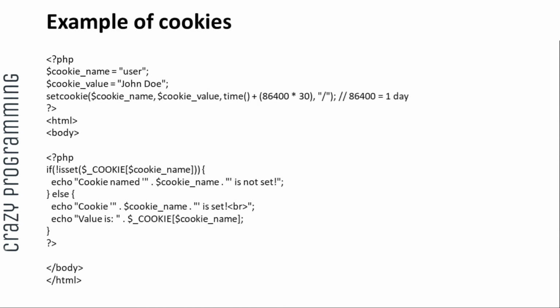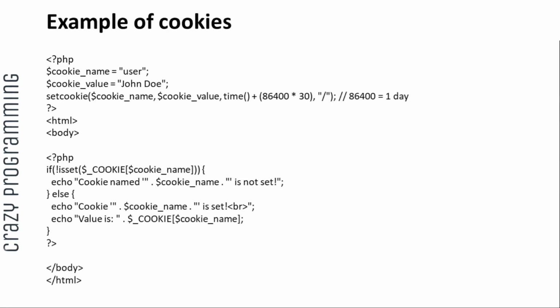Now we will check the example of cookies. This is the example of cookies. Cookie name and cookie value are two variables. Inside name there is user, and inside value there is John Doe. I set the cookie with a cookie name.